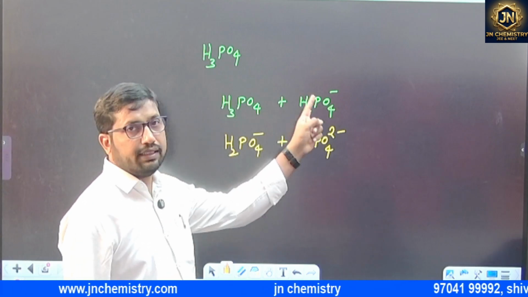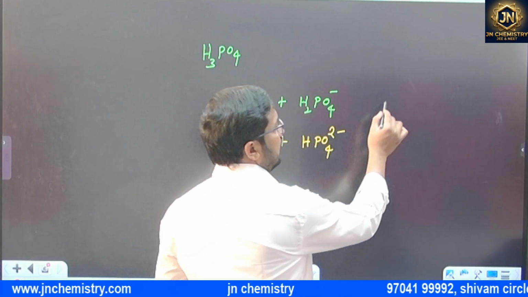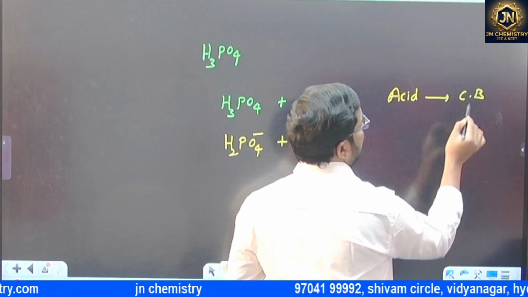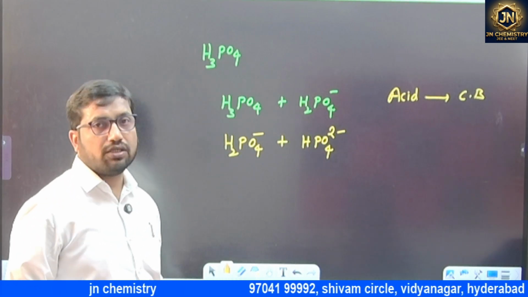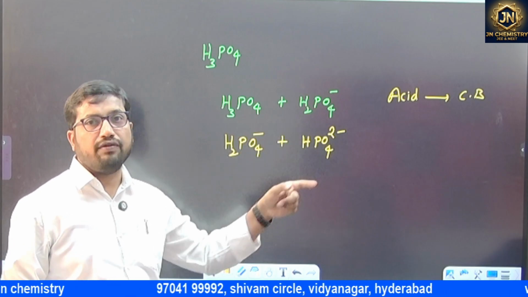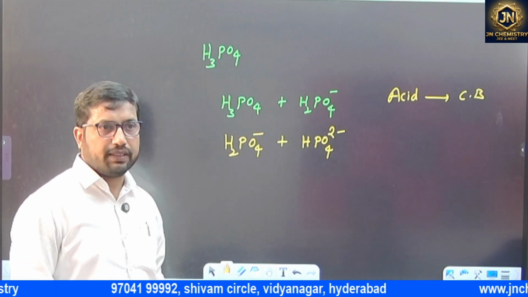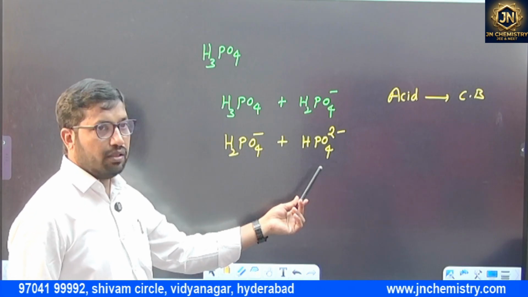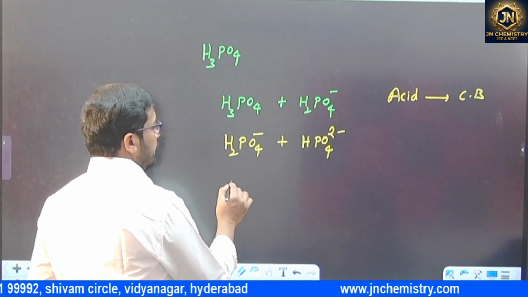This is acid and conjugate base, right? I told you, what is a conjugate base? From acid to conjugate base, how will we get it? Removal of H plus. So here I removed one H plus. Here to here. One more is also coming, right?